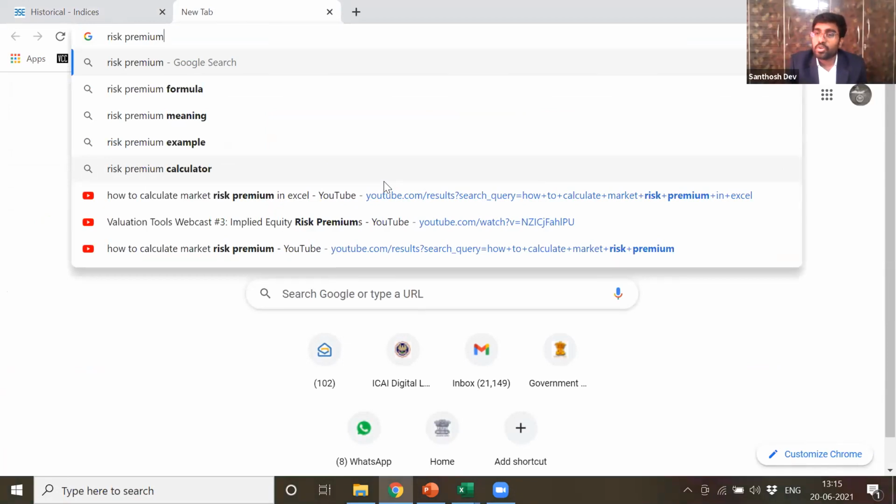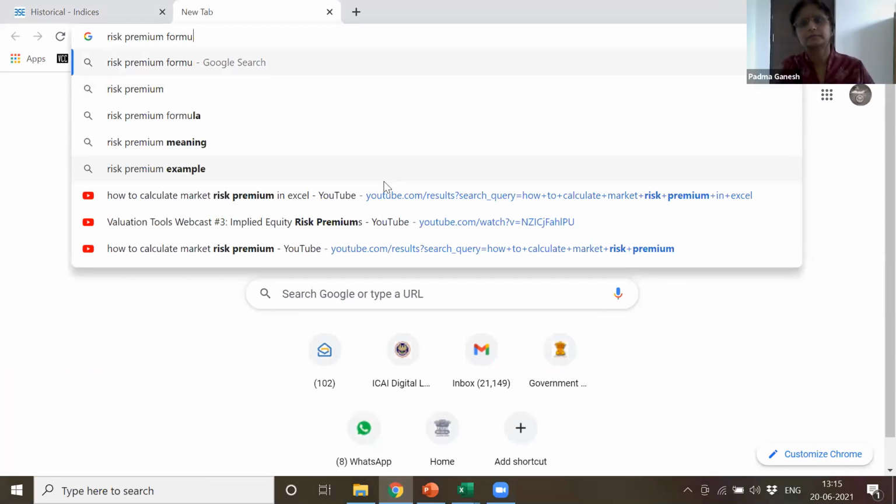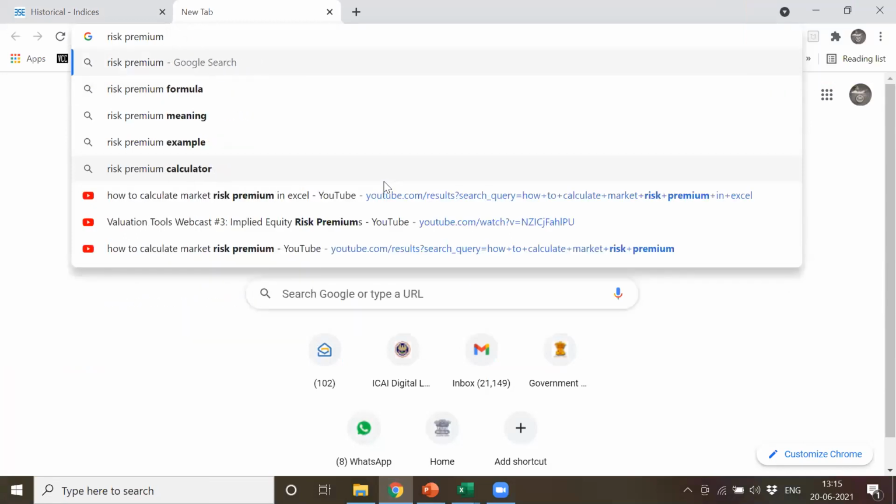Probably in beta I can help you out. Risk premium, even I might have to go through this country risk premium. As I told you, how he calculates is a little tough. His terminology also is different. He doesn't simply say country risk and equity risk. He says a lot of things over there. Correct. Probably we'll connect, sir. We can connect separately and we can discuss it. Okay. Can you just open that Excel sheet? Just 1 second. Yeah.